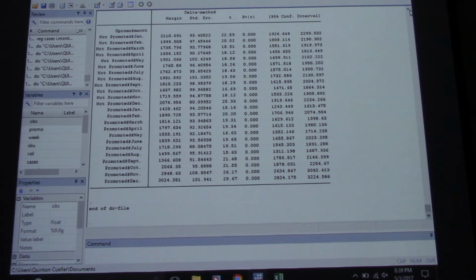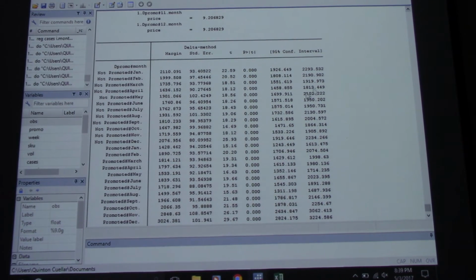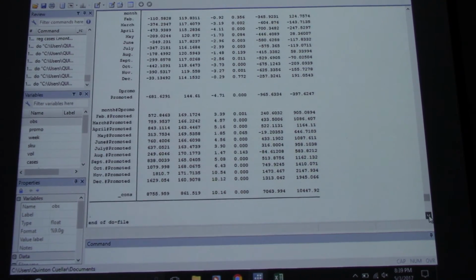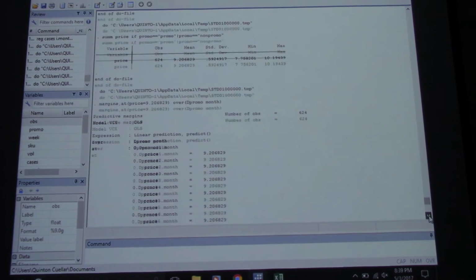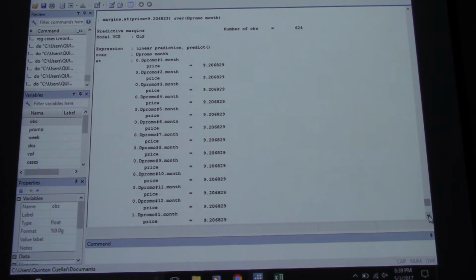And we're going to get that same big, let's see, this is a nasty command. There it goes. So there it is. Margins, I used at price equals 920, whatever that is.